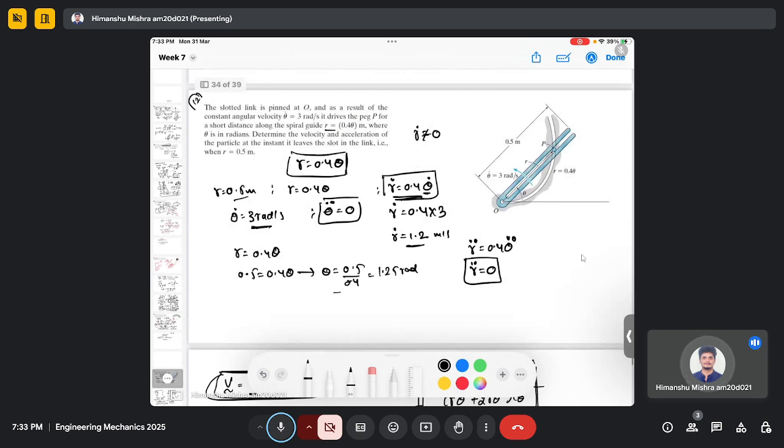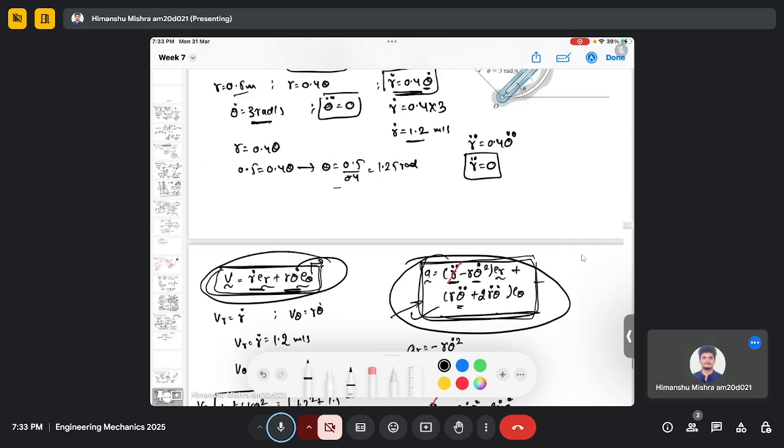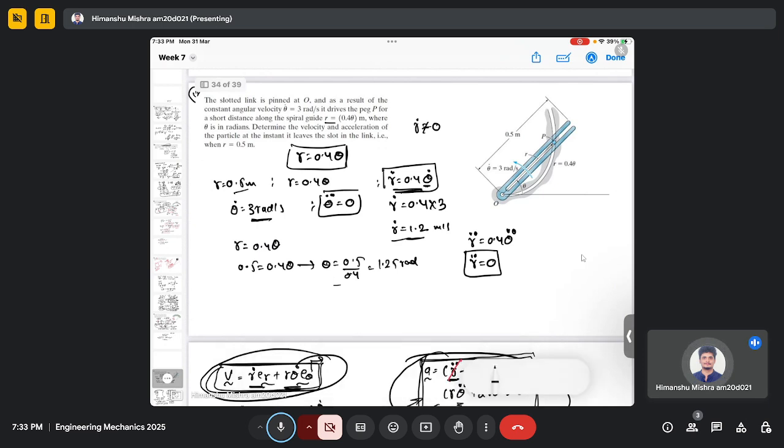As you can see, in this problem also we have used these relations directly. We just identify r dot, r double dot from this expression, and the remaining terms we got in the question itself.